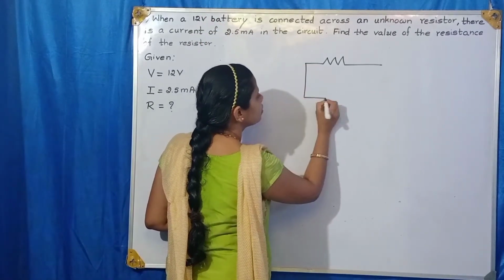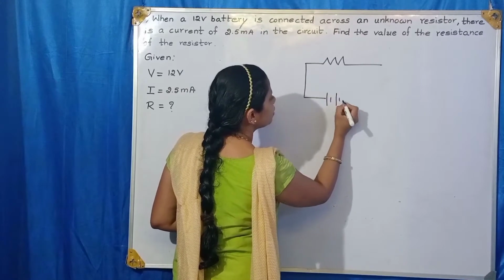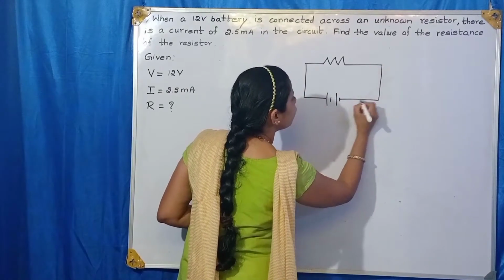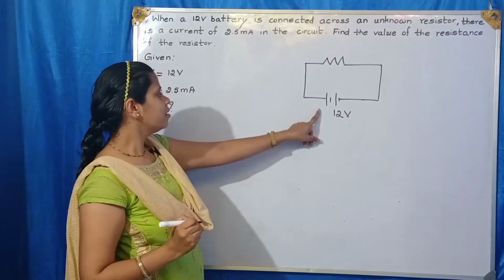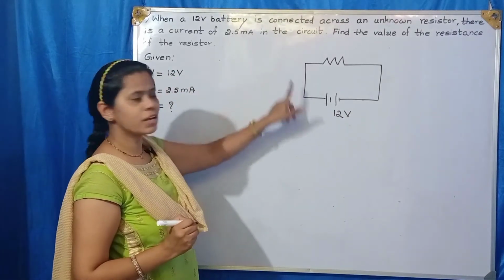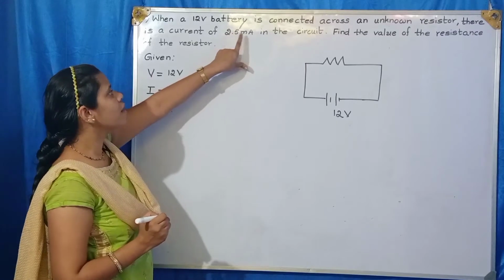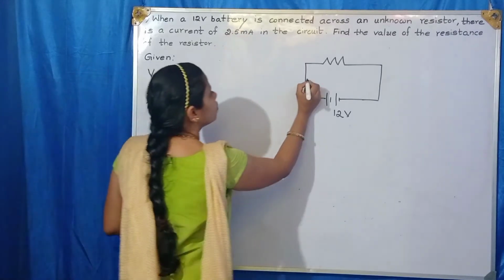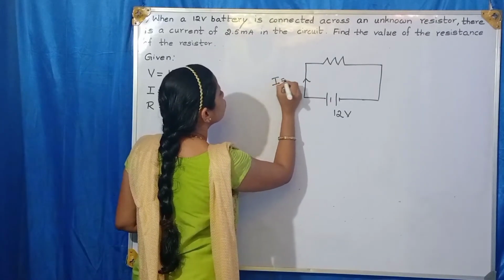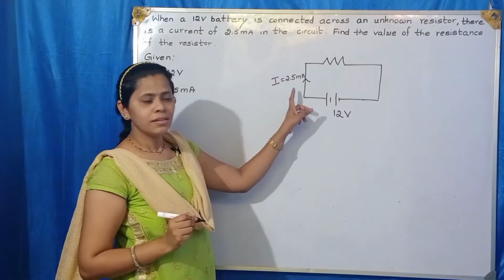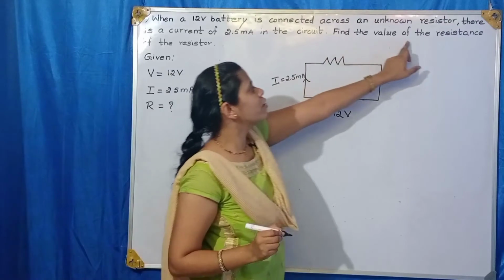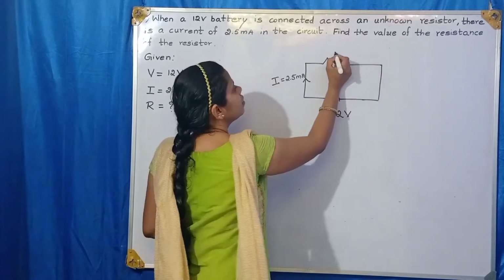Then the current that flows in the circuit is 2.5 milliampere. That is, I is equal to 2.5 milliampere. Then we have to find out the value of this resistor.